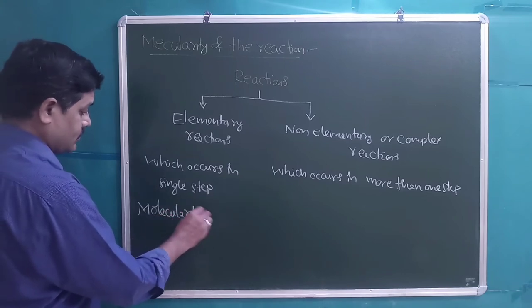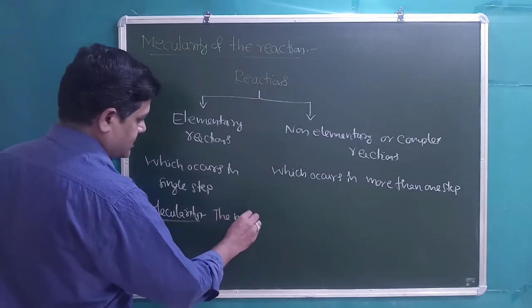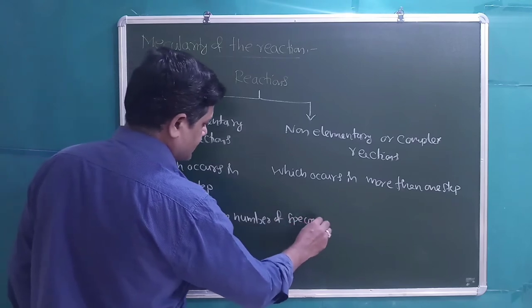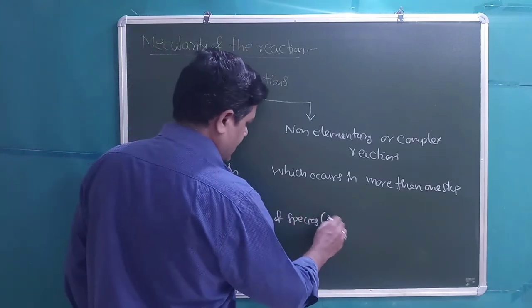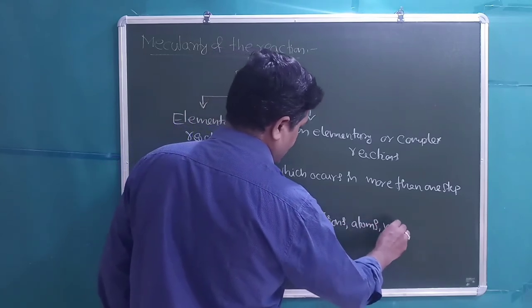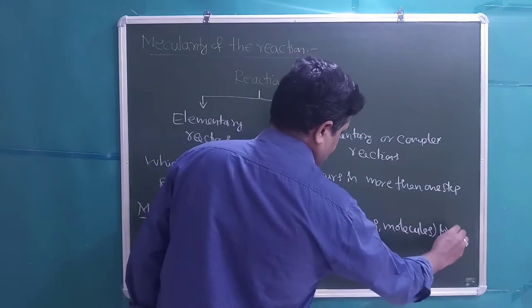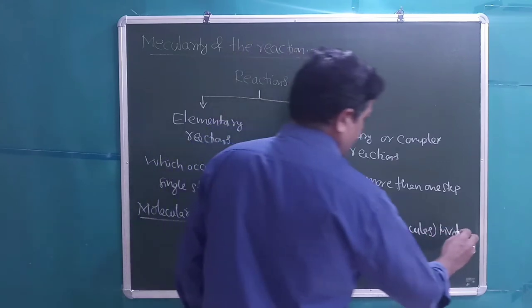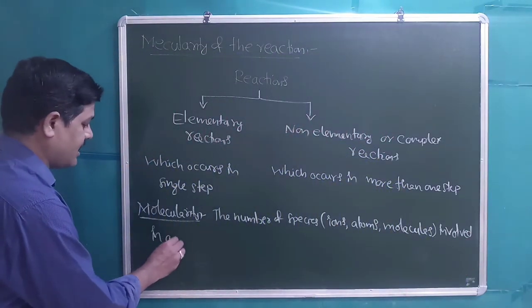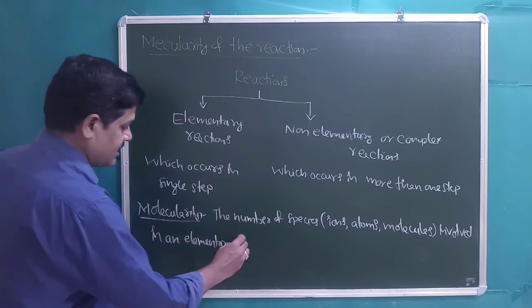Molecularity is defined as the number of species. Species may be ions, or they may be atoms, or they may be molecules, involved in an elementary reaction.